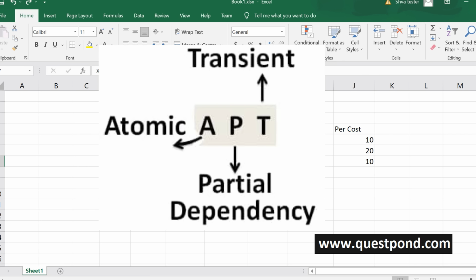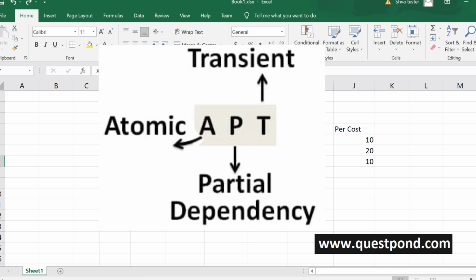It is apt to use APT to get a job. Everything is fair in getting a job and war, right? So remember this word APT, and always remember that for such kinds of questions, these words like transient, partial dependency, atomic, non-repeating groups, anomalies, it's very difficult to remember them. So I would suggest, please go ahead, put down your answers in an Excel somewhere or in a Word document, and just revise them.